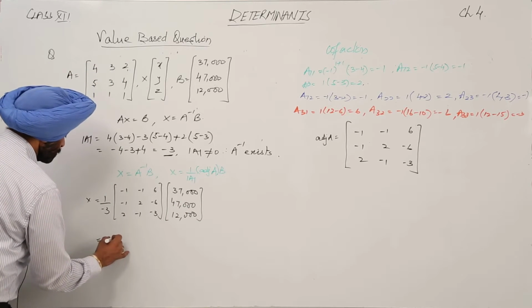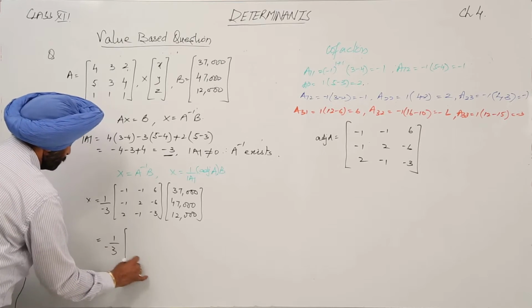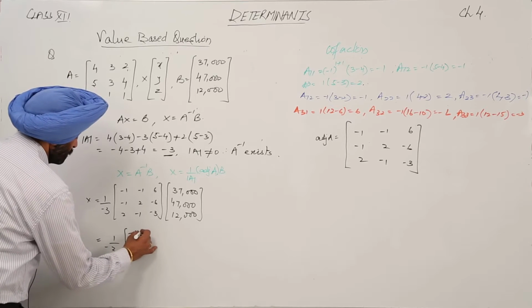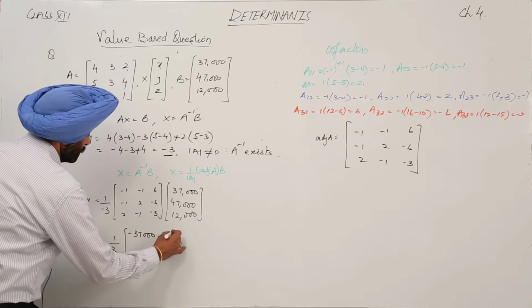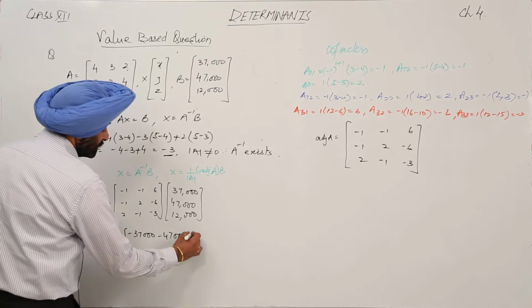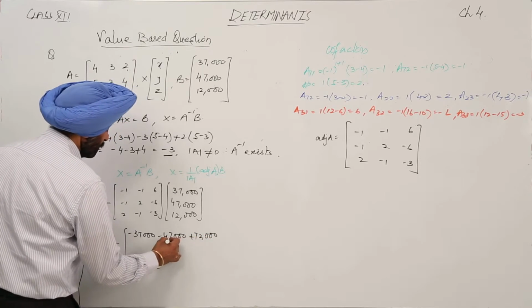So this becomes now 1 upon -3 goes with, now 37,000 minus 47,000 plus 12 6s are 72,000. Okay.